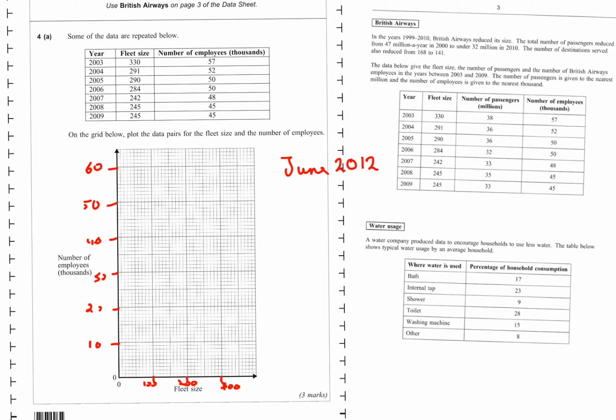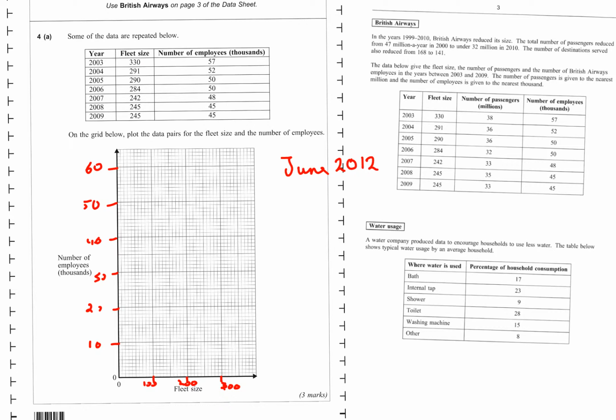Now what do they mean by data pairs? Remember pair means 2, so I'm going to plot this and this one on my graph here. The first one I'm going to look at is my number of employees. So my number of employees is 57 when my fleet size is 330.